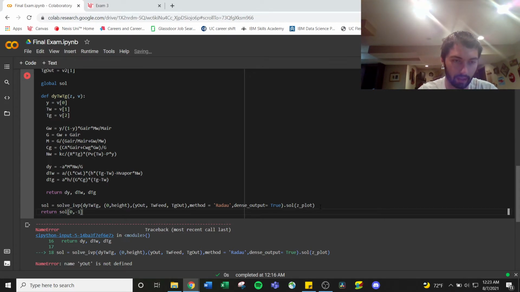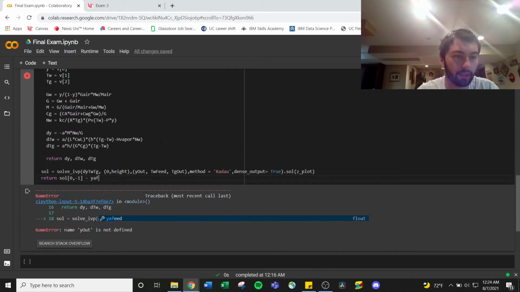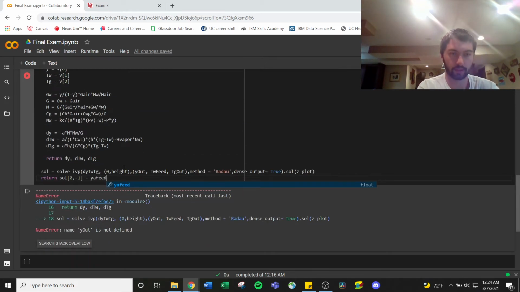And then minus the feed. Let's see, YA feed, where did I put that? Yeah, okay, YA feed, which is our initial mole percentage of water in the air. So that's the first thing we want to return.